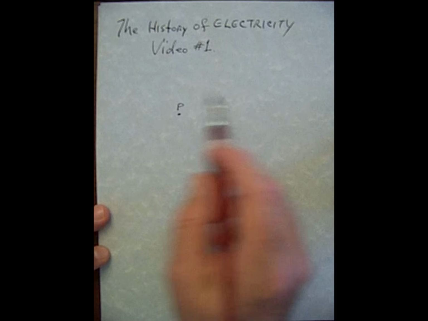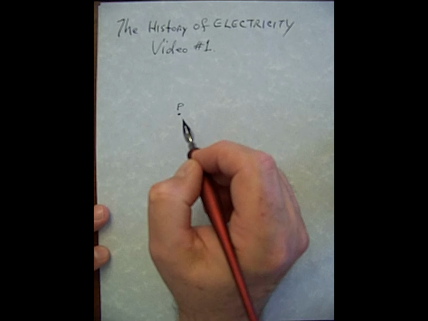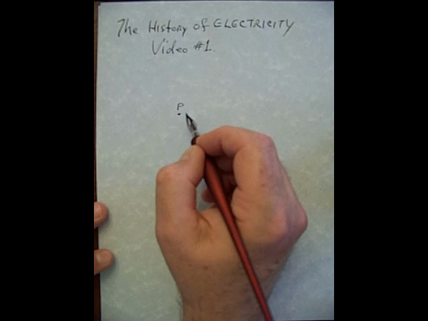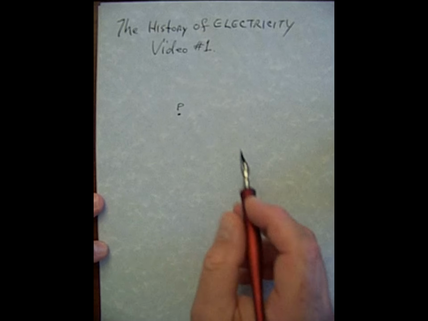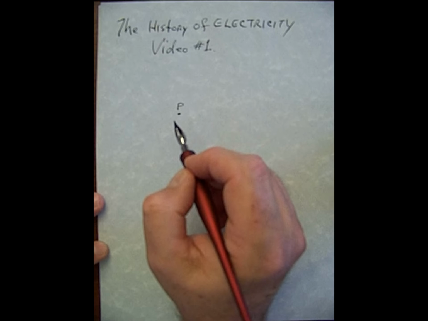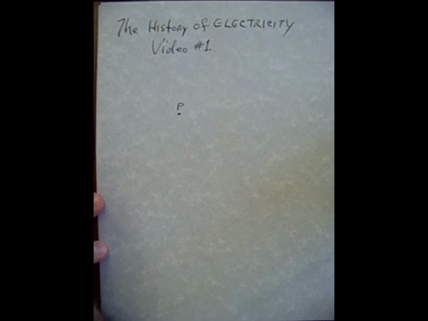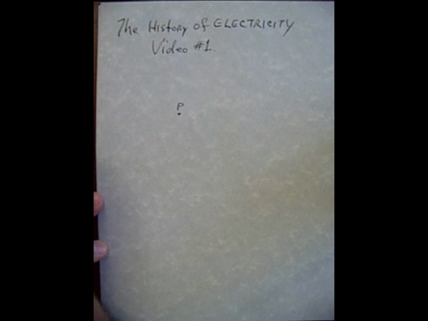And I can put an infinite number of them on this sheet of paper. So it has no qualities or parameters other than the fact that it exists on the sheet of paper, and we've given it the name of P. So there's not a whole lot we can do with a single point in space.